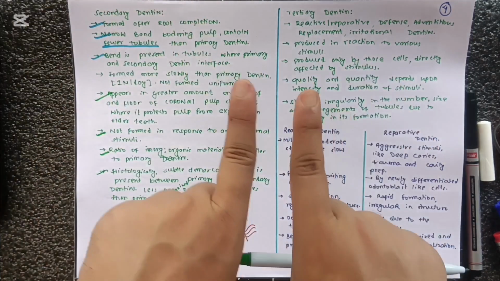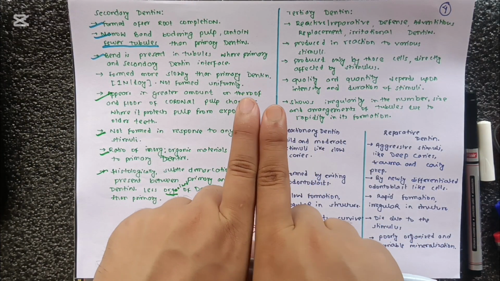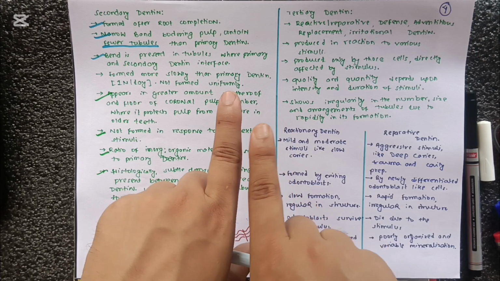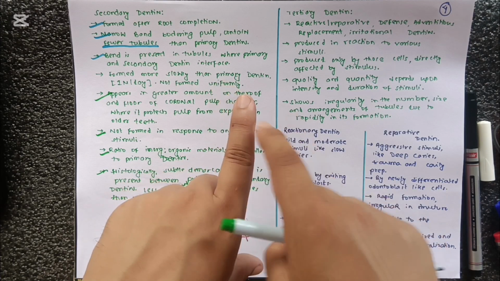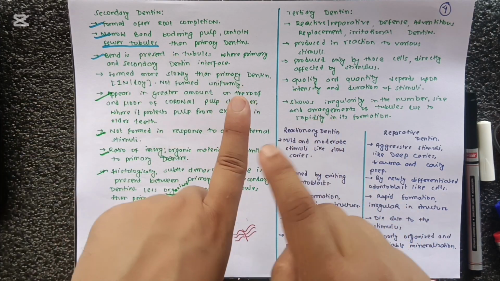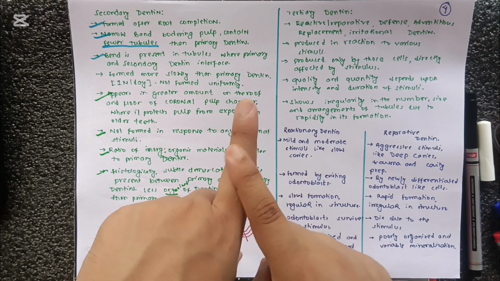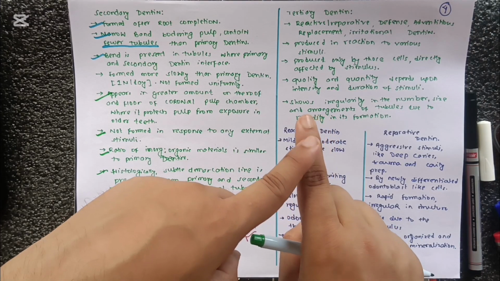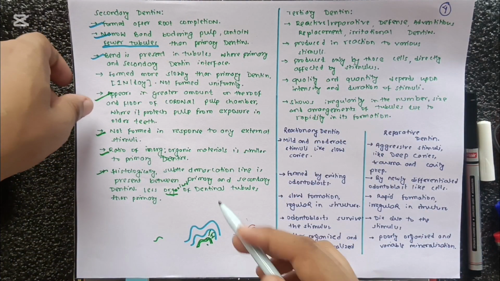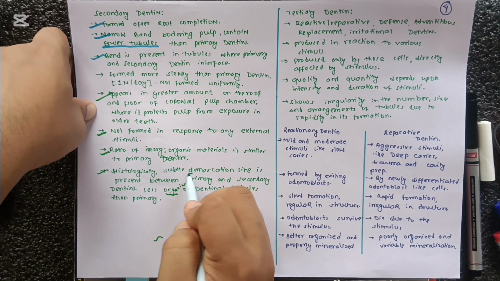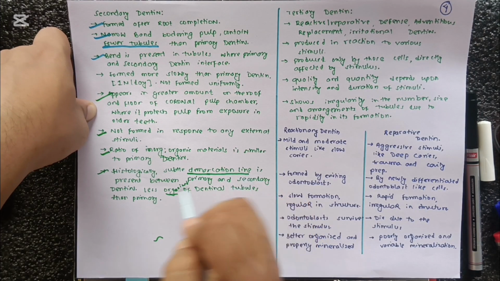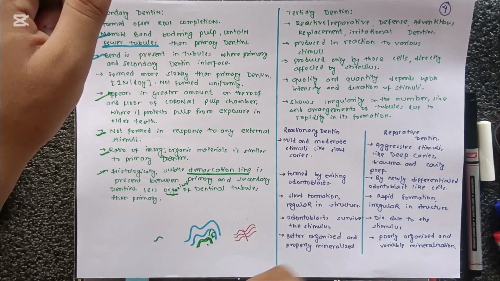When the junction is formed between the primary and secondary dentin, there is a formation of a bend in the tubules. Similarly, the histological properties of the secondary and primary dentin are different, so a subtle demarcation line is present there.